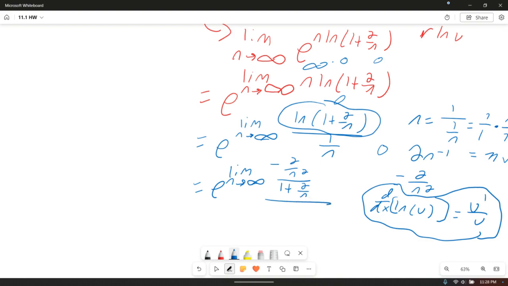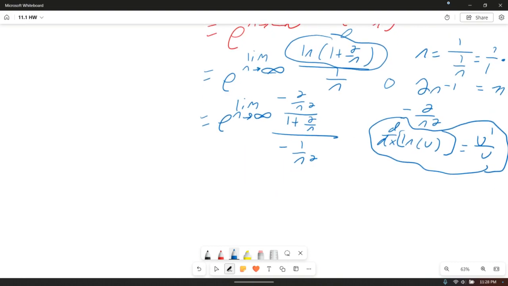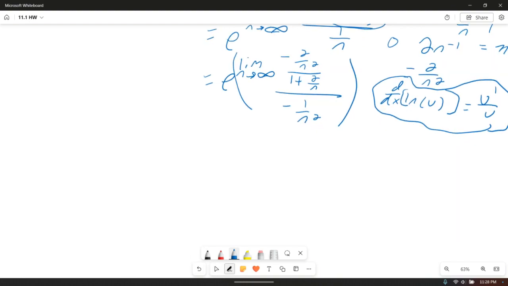And then derive the denominator, and we get negative 1 over n squared. Keep in mind this is all in the exponent of e.